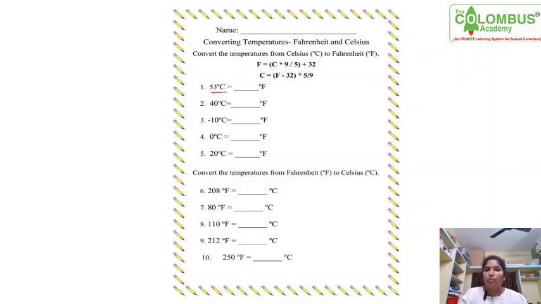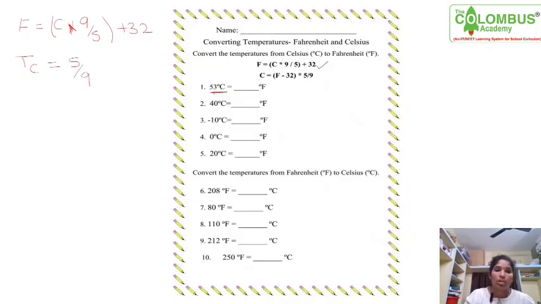A few I will do, the remaining you practice. First, convert 53 degrees Celsius into Fahrenheit. Which formula do I need to use? The first formula. Temperature in Fahrenheit is equal to C into 9 by 5 plus 32. How did this relation come? Already we derived temperature in Celsius is equal to 5 by 9 into (temperature in Fahrenheit minus 32).